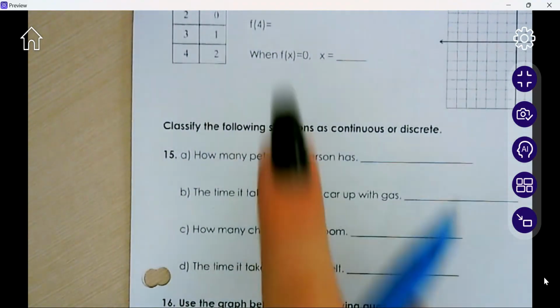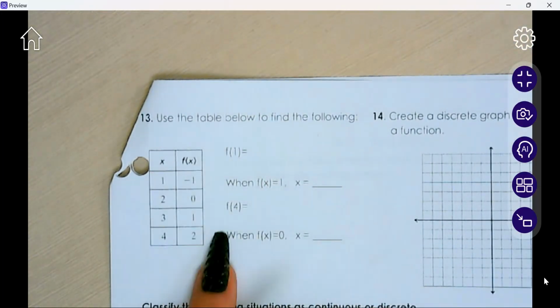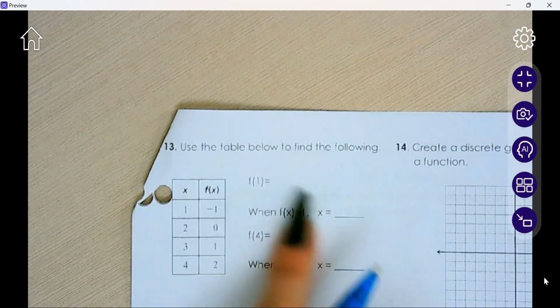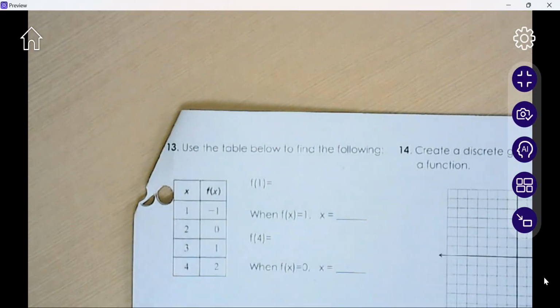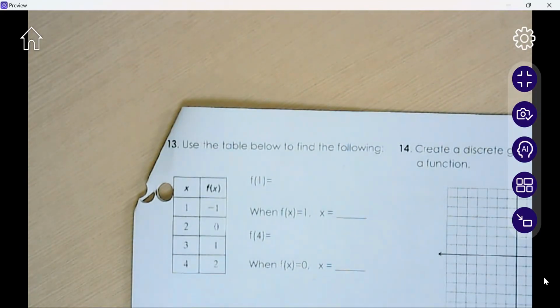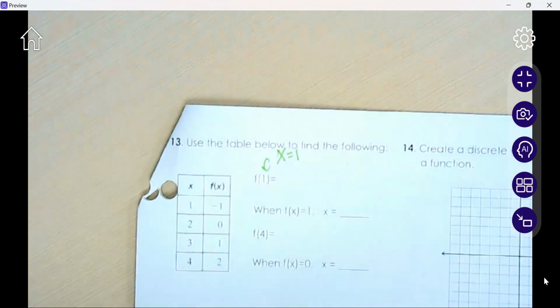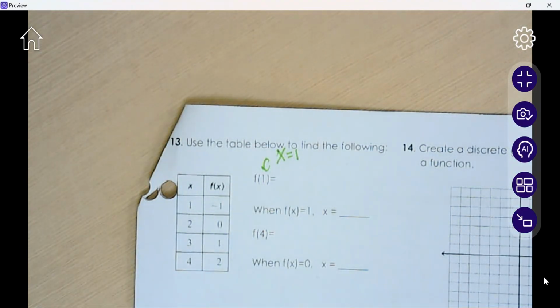Okay. All right. So when we're looking for these, the values are in a table. Compared to these, we had to calculate, right? So when you see this, it's actually pretty easy. So let me color code this a little bit. Okay. So f of 1, this means your x is 1. Okay.